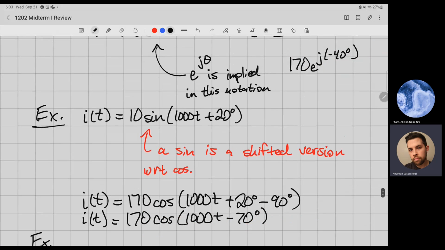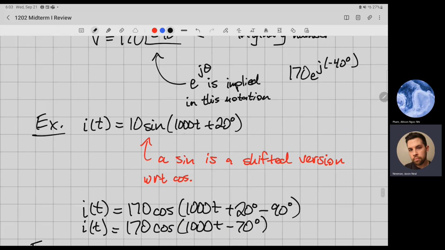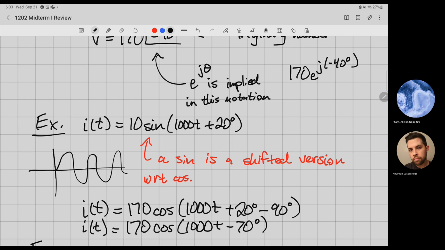Say you have this function i of t, 10 sine 1000 t plus 20. A sine function is just a shifted version of cosine. What I mean by that is, if you have this x and y axis, and a sine function like this, this is just a shifted version of a cosine. A cosine looks like this, because sine starts at the origin, cosine starts at 1.